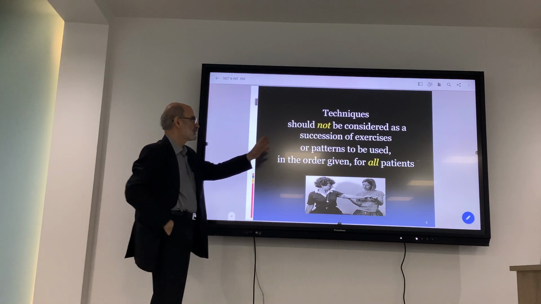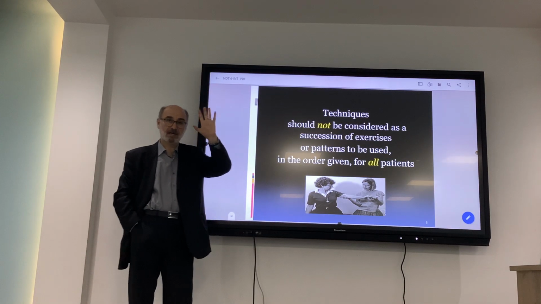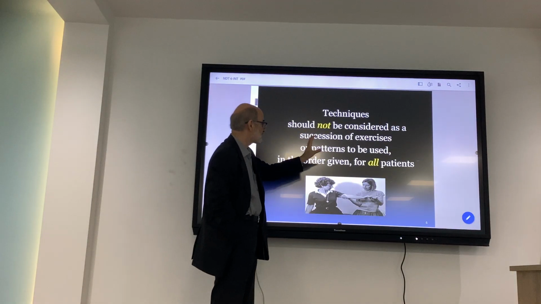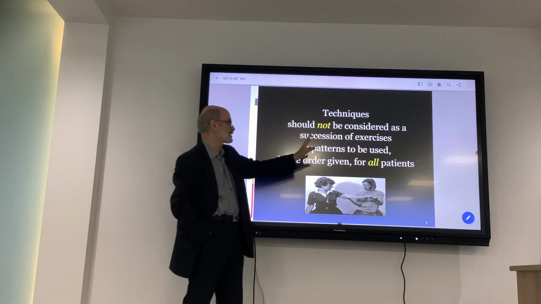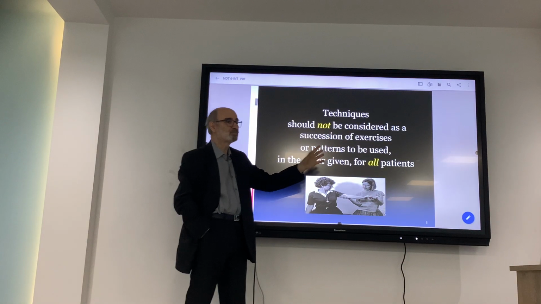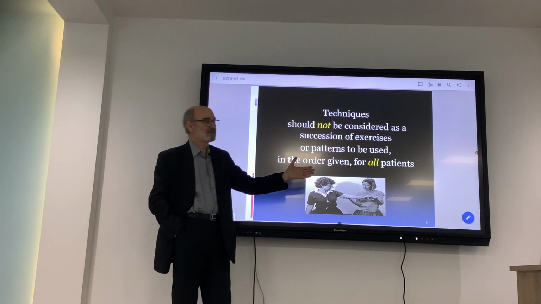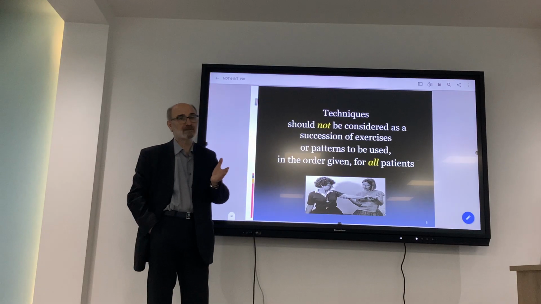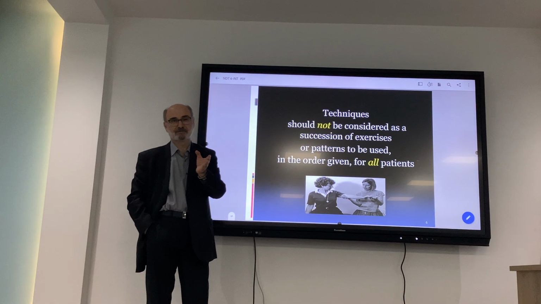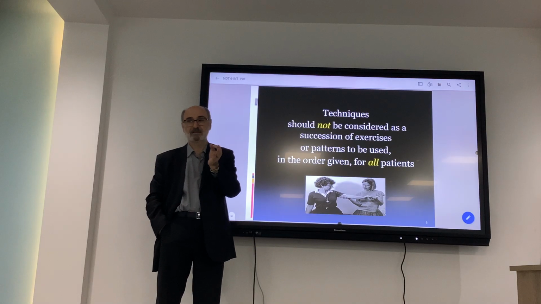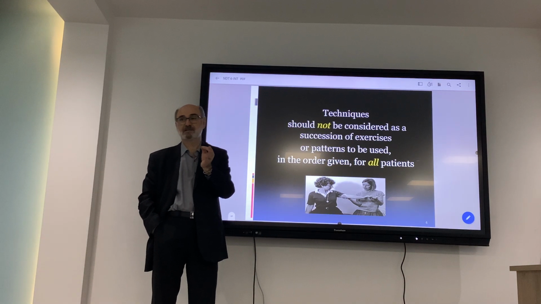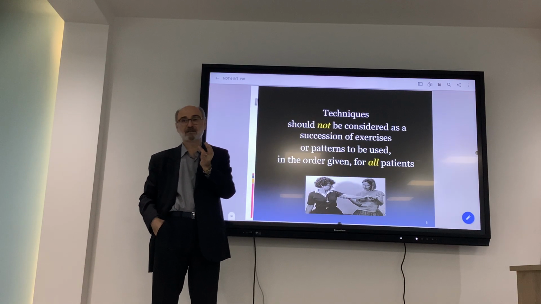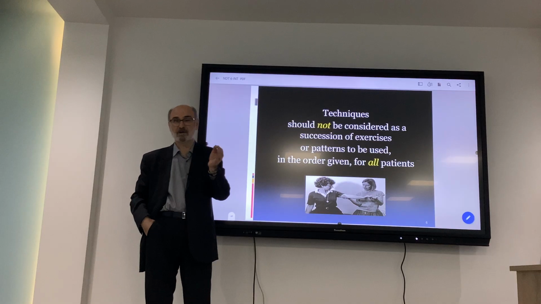Therefore, the techniques I will present next month should not be considered as a session of exercise, a succession of exercises or patterns to be used for all patients in the order I will explain to you. The assessment findings determine what techniques to be used and from what position: supine, sitting, standing, or walking.